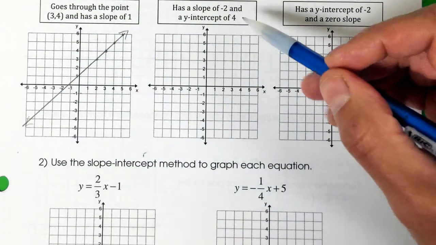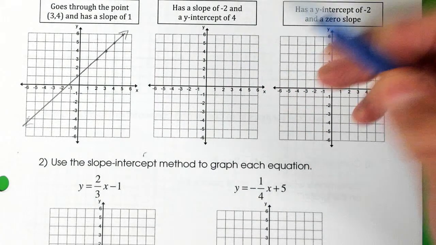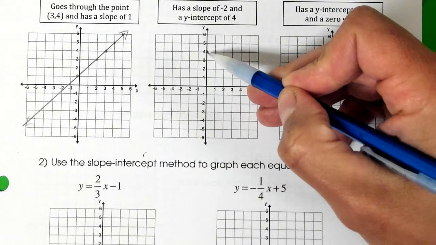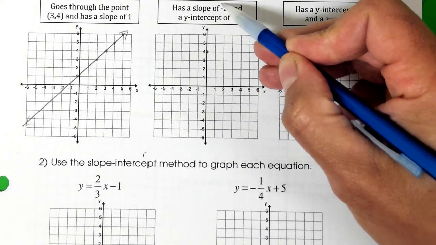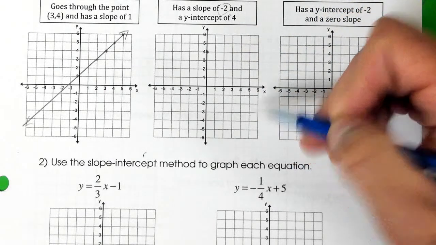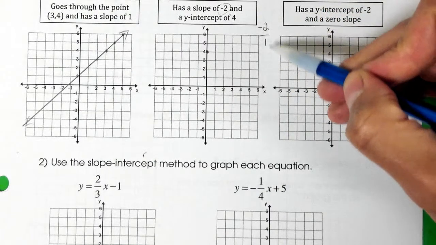Alright, the second graph describes a slope and y-intercept. It says the y-intercept is 4 and slope is -2. So if we plot a y-intercept here at 4, now because the slope is negative, the line should be going down and to the right this time. It's always helpful to write your slopes as fractions so you can see your vertical and horizontal change.